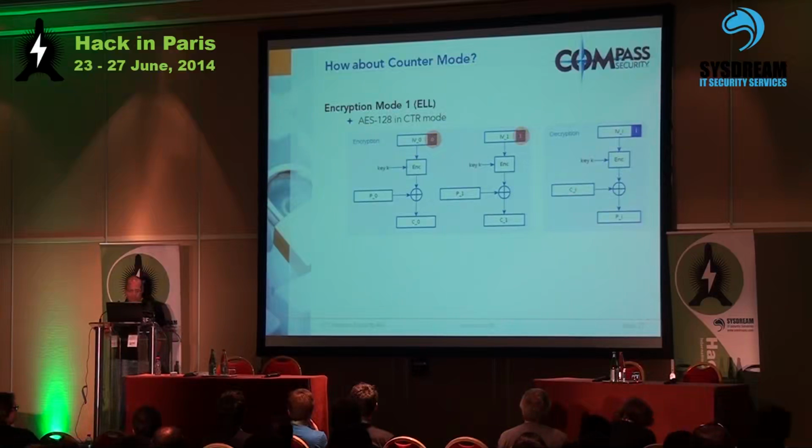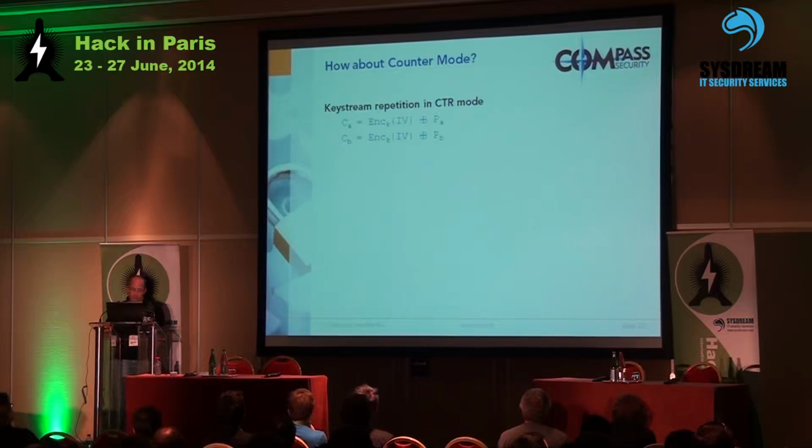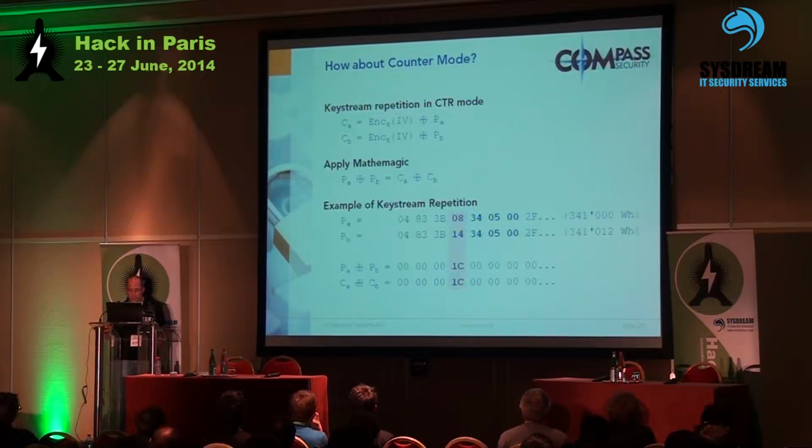So we do have a plain text of an actual packet of 341 kilowatt hours and 341 and 12 kilowatt hours. And the difference of these two plain texts is 1C. And if they have been initialized the same way with the same IV streams, then you can capture two ciphertexts, and if you XOR them together, you also get a difference of 1C.